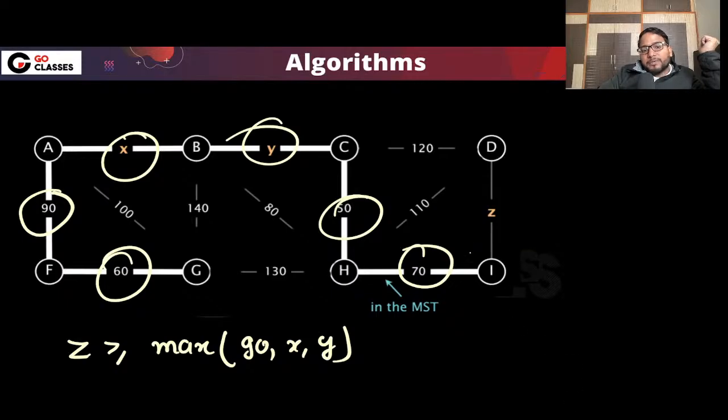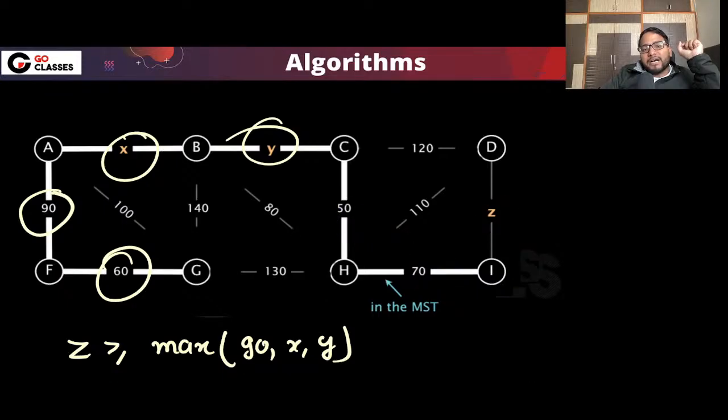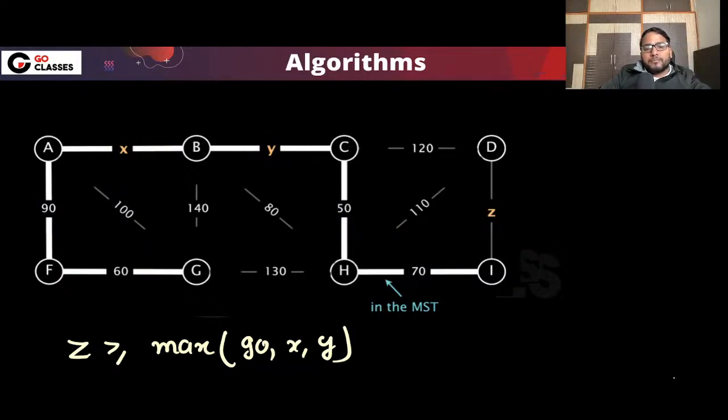It must be that z is some greater value than all of this, right? Let me know if this inequality is clear to everyone. So z must be greater than or equal to 90, x and y, right? Okay. So I think you have understood this z. If there is any confusion, you can just let me know.